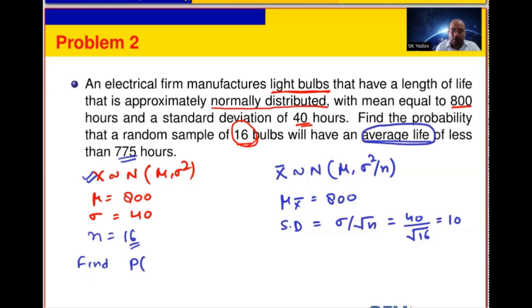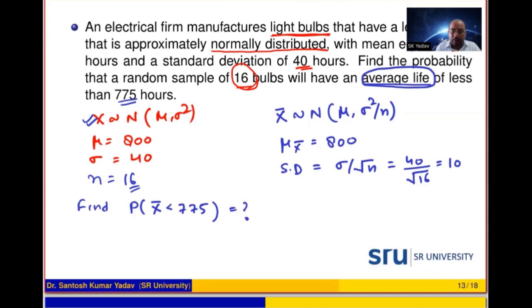That means we have to compute x bar less than 775 hours. Now we have to change this in terms of Z, and then we can calculate the required probability using the Z table or standard curve properties.